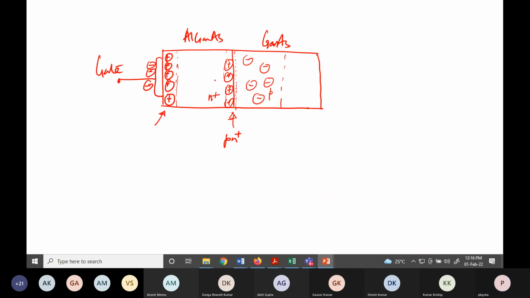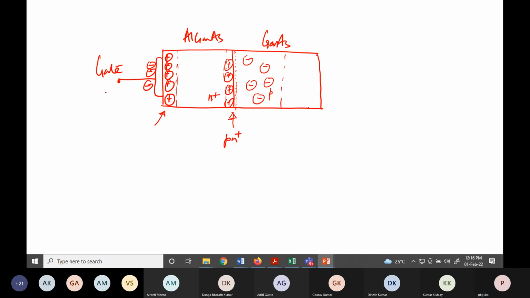Now, as I said, our goal is to deplete this entire aluminum gallium arsenide so that we can force the electrons to move through this notch or this channel, without allowing them to flow through aluminum gallium arsenide. Now, how can we deplete it? We can deplete it by applying voltage at the gate, right?